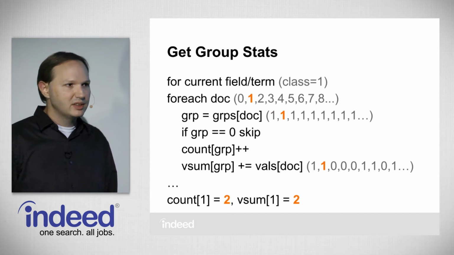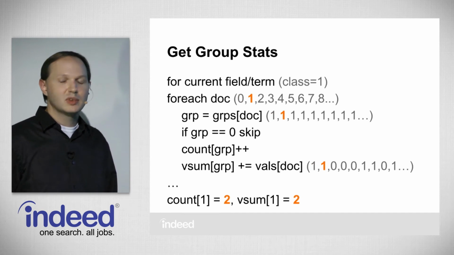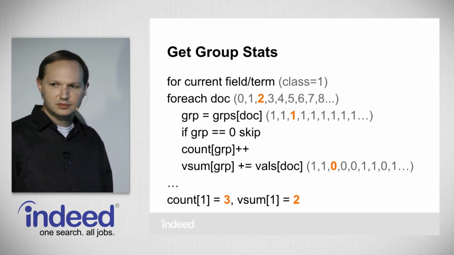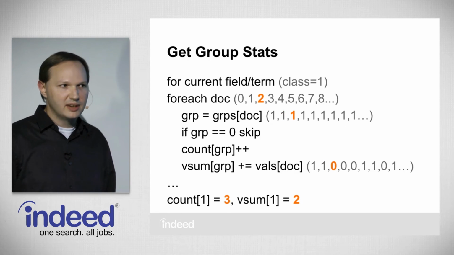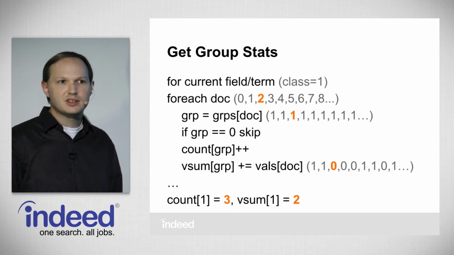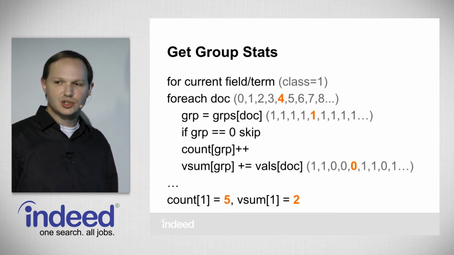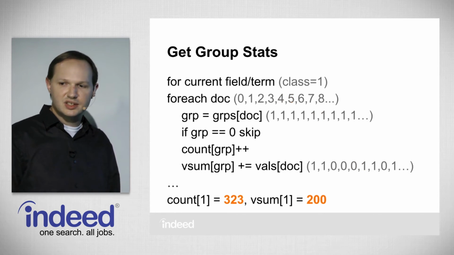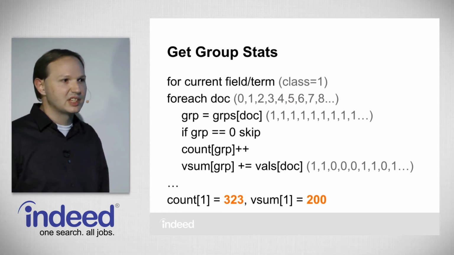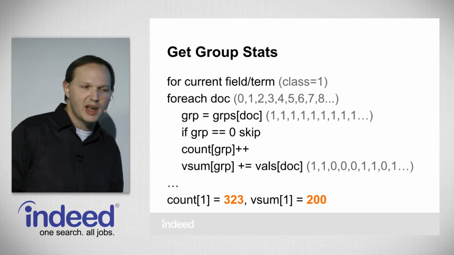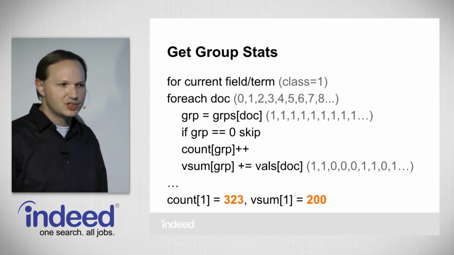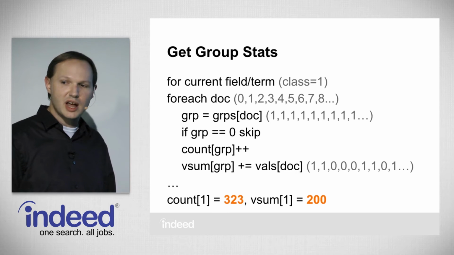Passenger 1 also survived, so we increment vsum, and we also increment the count. Passenger 2 did not survive, so we don't increment vsum. Passenger 3 did not survive. Passenger 4 did not survive. Passenger 5 did survive. So at the end of this, we have the statistics that we saw before, which is 323 passengers and 200 survivors who were in first class.